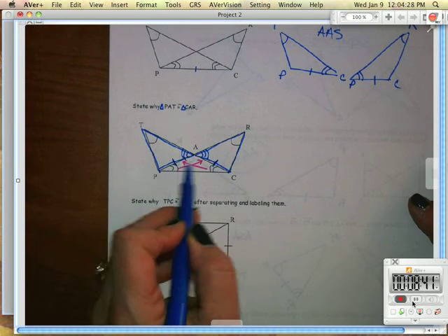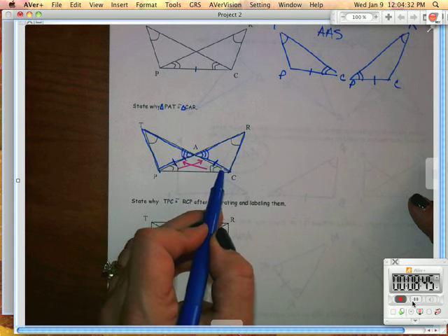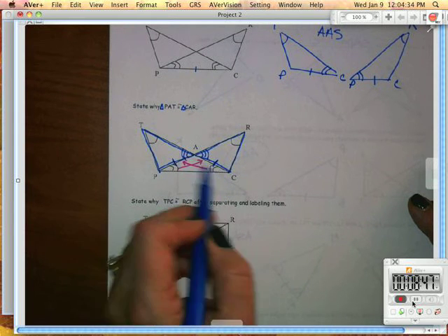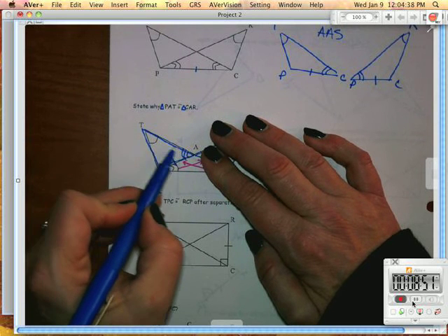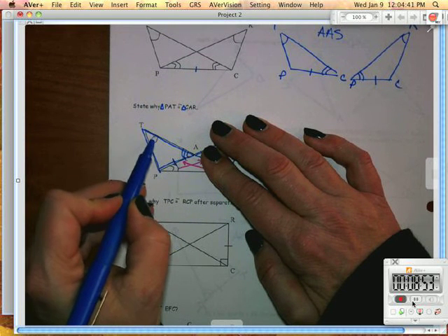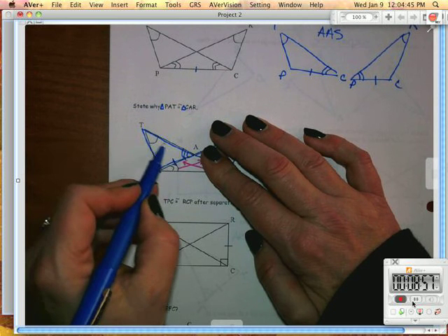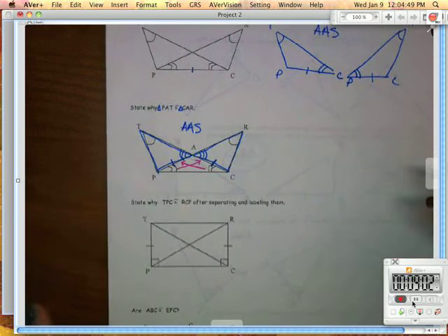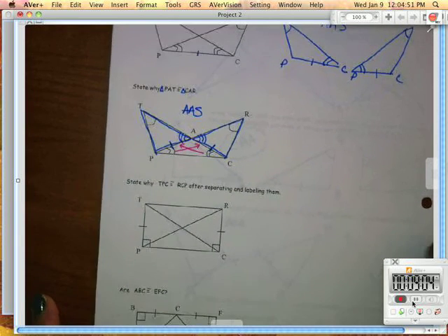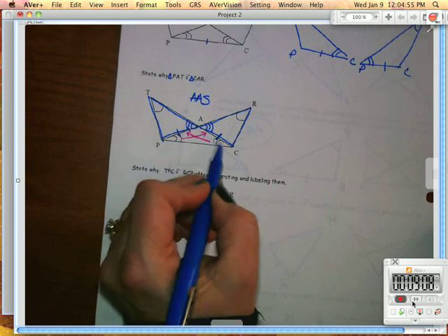If you can see it without splitting them up because they're not really overlapping, then you don't need to redraw them. But since we've marked it up, let's cover one up and see what we would use. We would use angle, angle, side. Remember, the things that you're talking about have to be consecutive here. Angle, angle, side. That's what I would use to prove that they're congruent. We have vertical angles, and we're using the base angle theorem on the isosceles triangle.